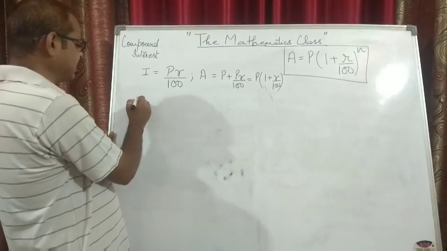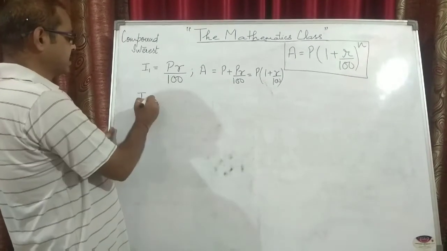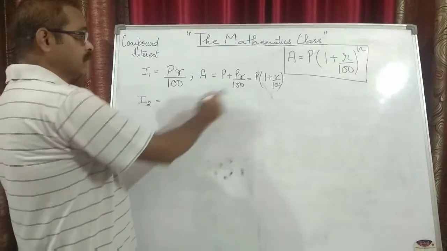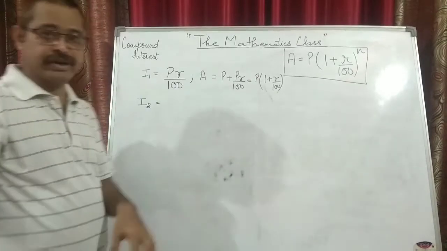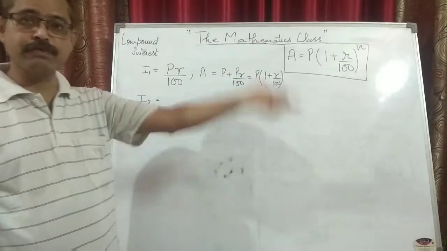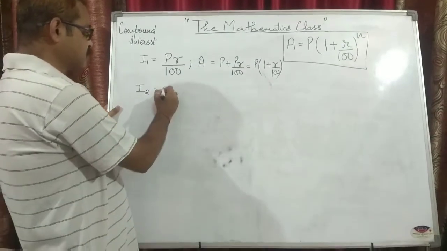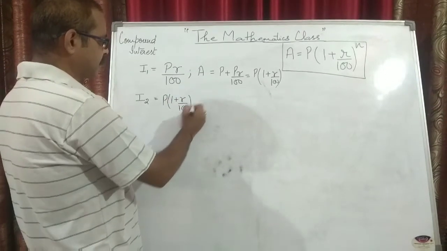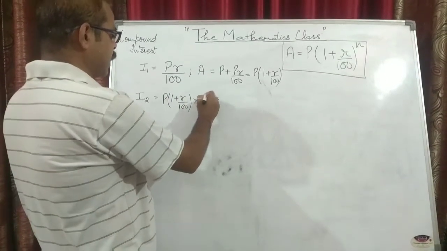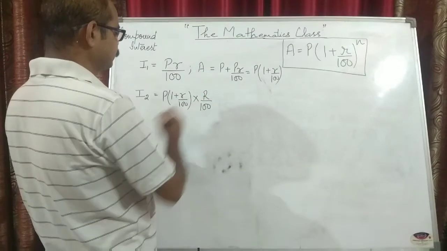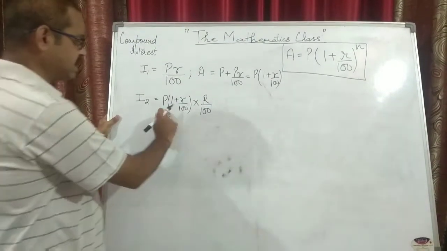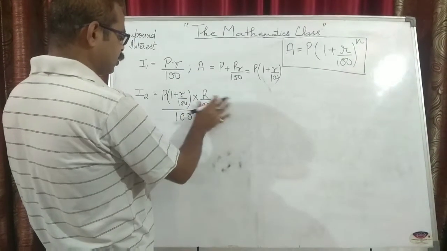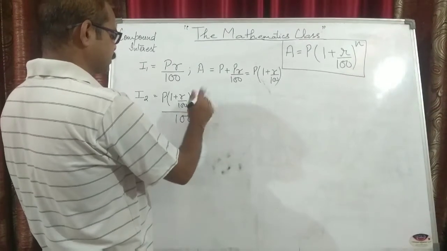Now for the second year, interest will be P, and P will be what? This. In compound interest, amount becomes the principal for the next year. So principal is P into (1 plus R upon 100), and the rate is again R upon 100, PR upon 100, or you can say P into R upon 100, like this.